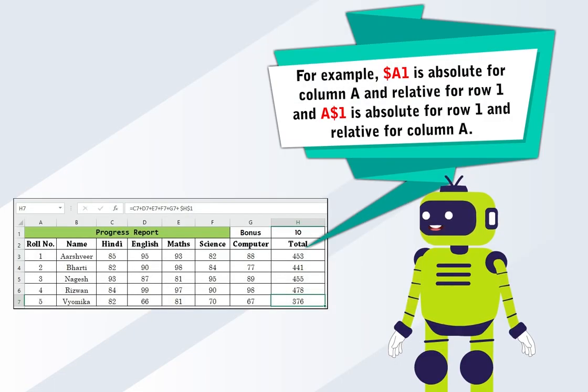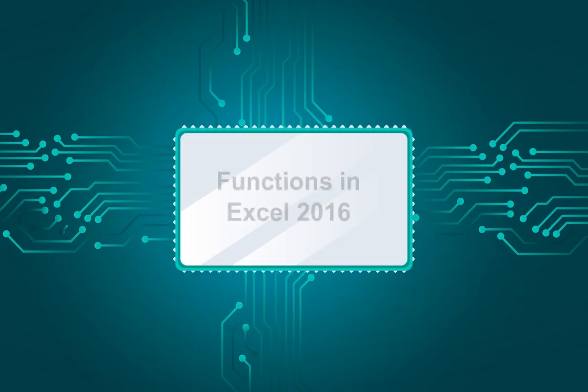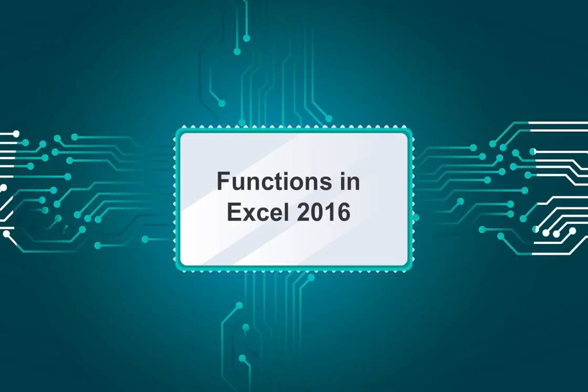For example, $A1 is absolute for column A and relative for row 1, and A$1 is absolute for row 1 and relative for column A. When we copy the formula to other cells, the relative references adjust and change, but the absolute ones remain fixed.